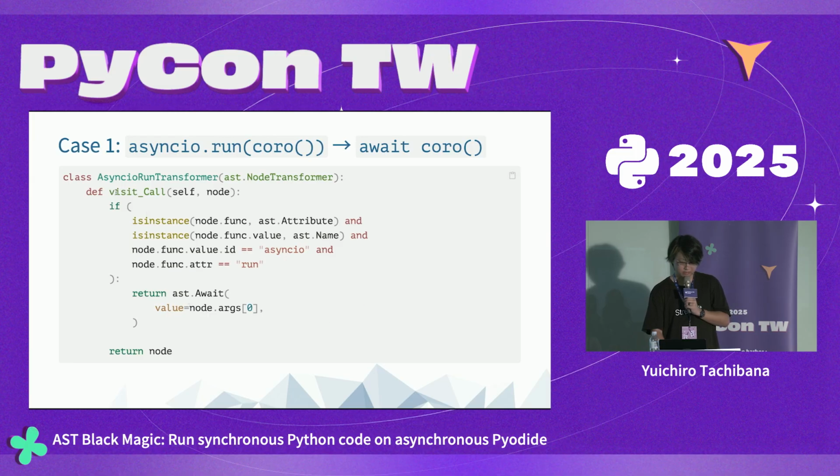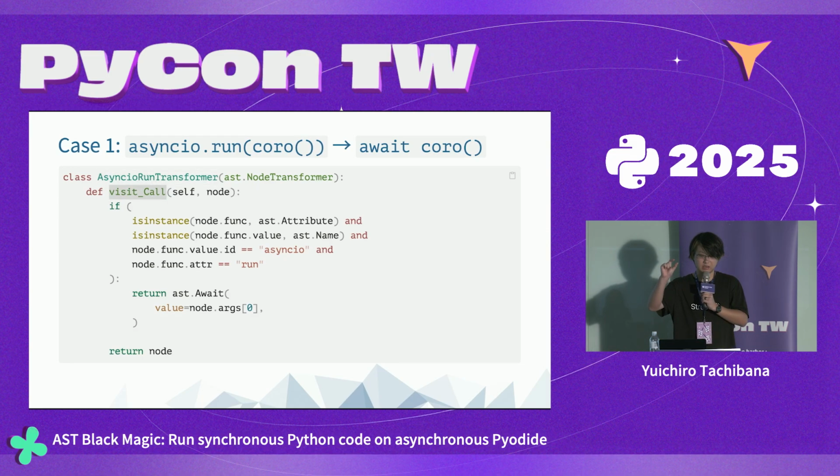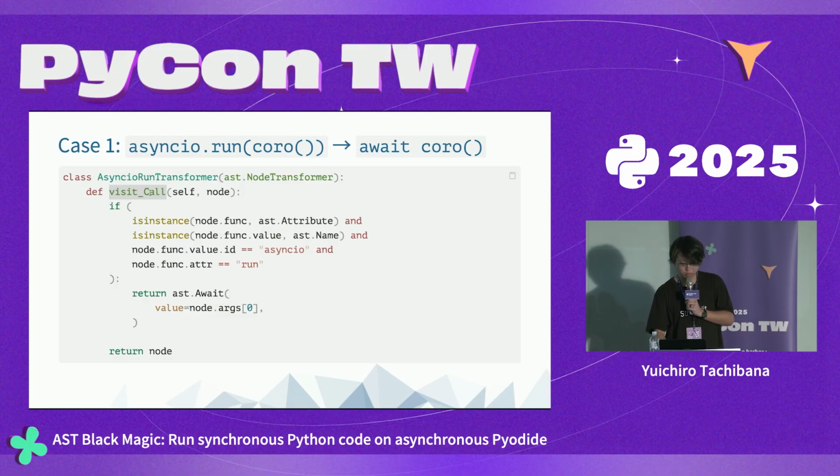Here, see that I defined a visit_Call custom callback, which means that when this transformer reaches every node in the given AST that is of type Call, and if it is asyncio.run, its argument is going to be awaited, and this await node will be replaced with the original call node.